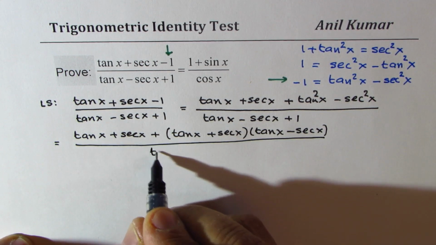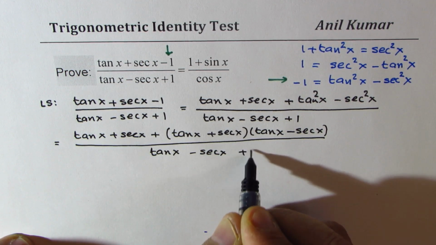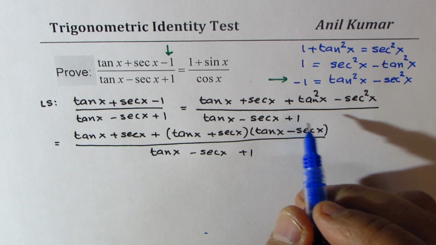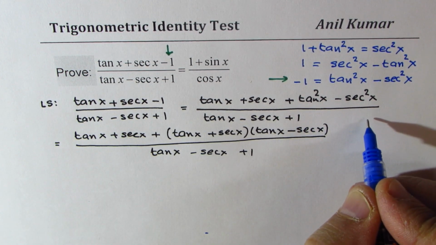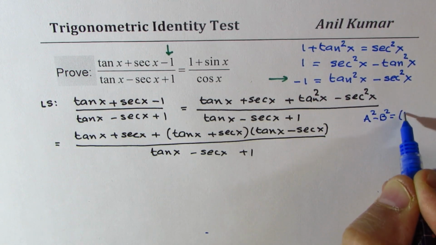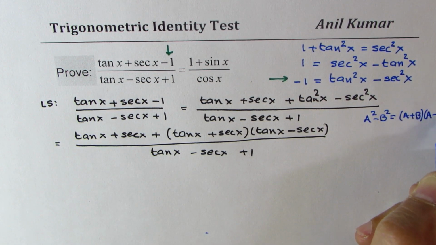And the denominator is tan x minus secant x plus 1. So at this stage, we applied the difference of squares, that is to say a square minus b square is equal to (a plus b) times (a minus b), correct?